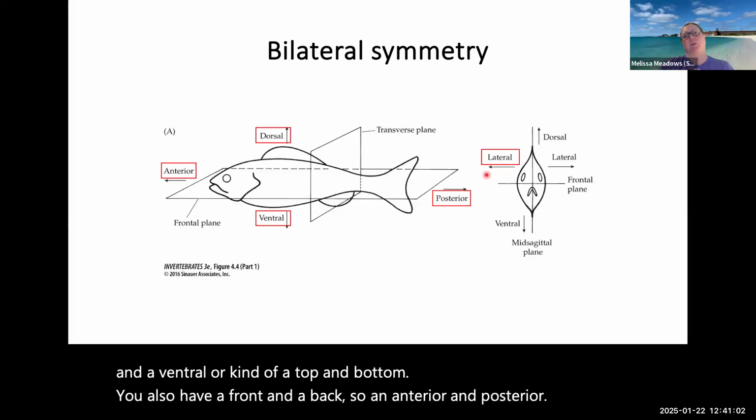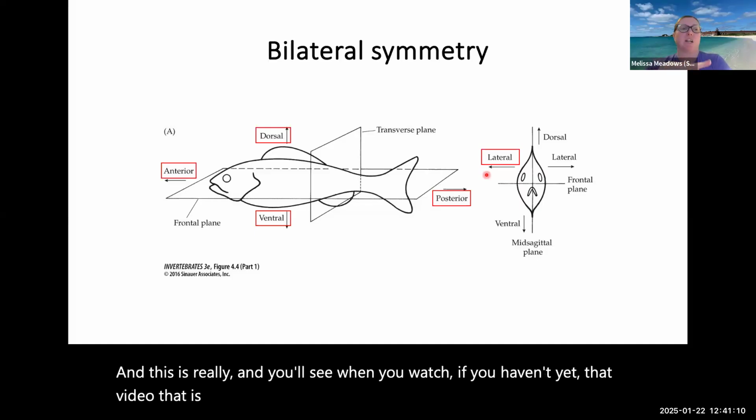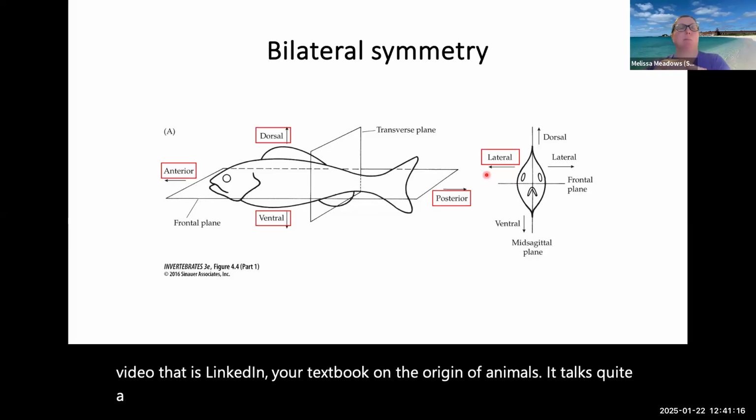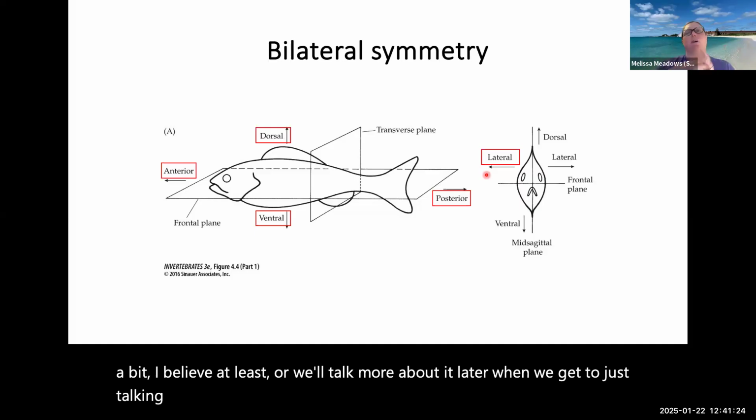And you'll see, when you watch, if you haven't yet, that video that is linked in your textbook on the origin of animals, it talks quite a bit, I believe, or we'll talk more about it later when we get to bilateria.